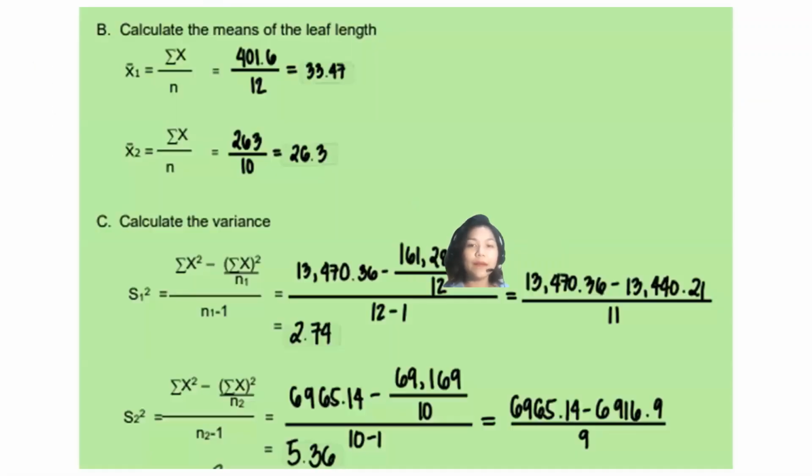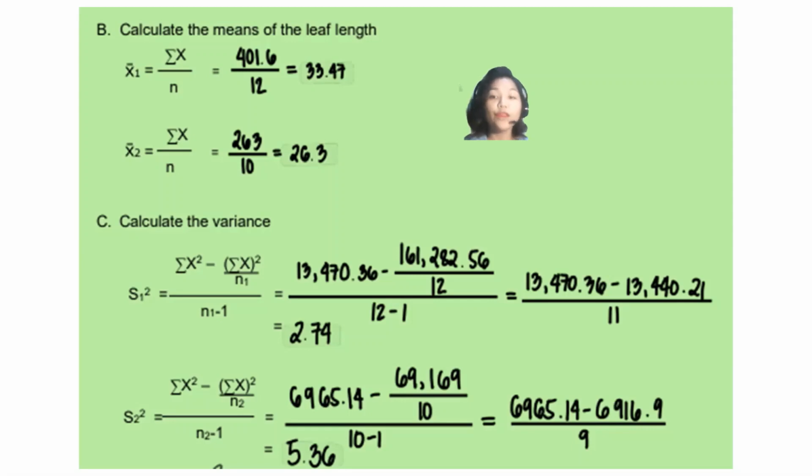Let's proceed now. Then we need to calculate the means of the leaf length. This is very easy. It's just dividing the summation of x by the total number of samples. For this one, the summation of x is 401.6, which can be accessed through your calculators, divided by 12.